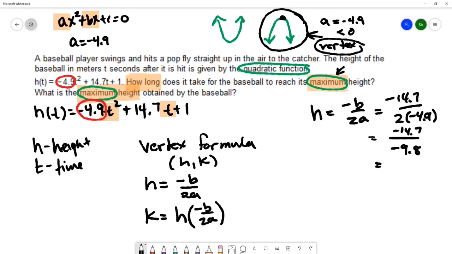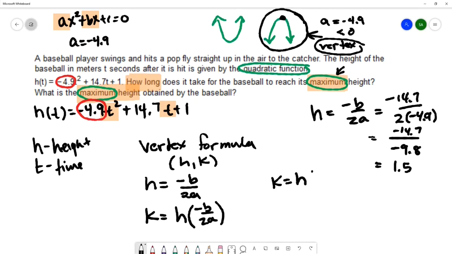So 14.7 divided by 9.8 is positive 1.5. And that's going to be the x-coordinate of the vertex. Then I'm going to get the y-coordinate of the vertex by substituting 1.5 into the function.